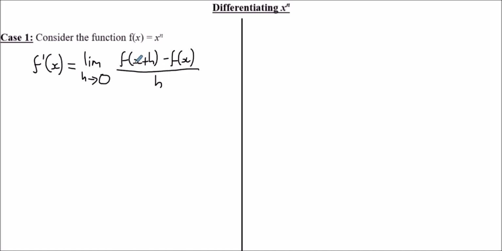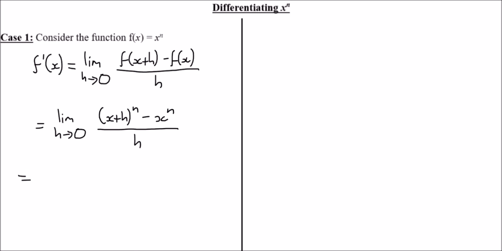Now, if I can just refresh your memory from before, not too long ago, we just worked out what x plus h to the power n was. So we can use this to our advantage. So this is the same as the limit as h goes towards 0 of x plus h to the power n minus x to the power n all over h.